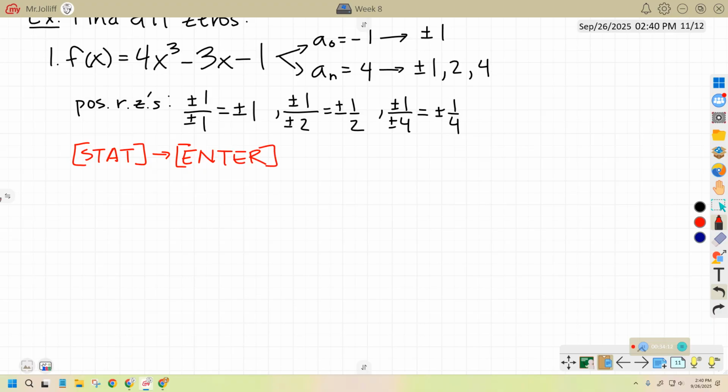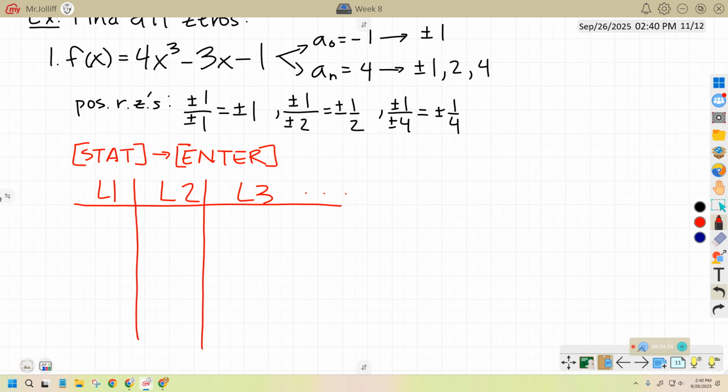You should end up in a list menu: L1, L2, L3, all the way over to L6, yeah? That's one way to do it. I commonly use it in my statistics classes for calculations too.